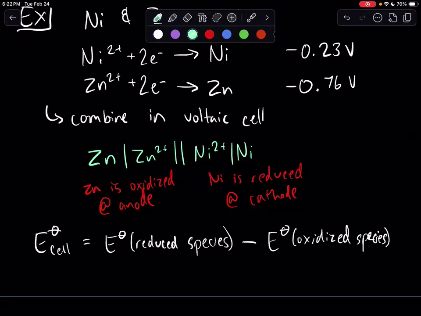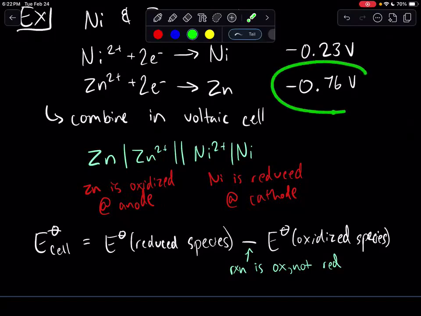Something of note before we move forward is that this is a subtraction because the reaction is oxidation, not reduction. What I'm talking about is our oxidized species, we're not using reduction like the reduction potential states. We're using oxidation, meaning we have to flip the value and turn that into a positive.